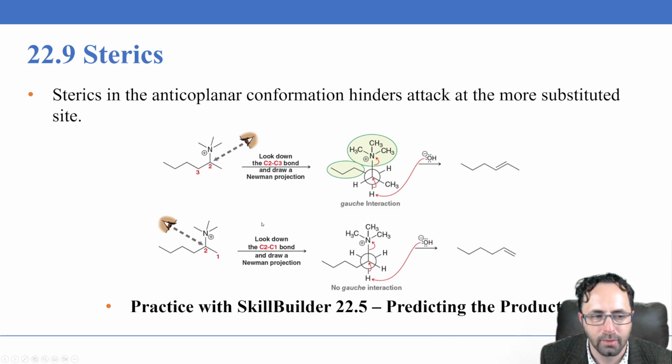So it's been a while since you guys might have seen a Newman projection. So I'll just remind you that the way it works is we draw it from the perspective of looking down a bond between 2 carbons. In this case, we're going to be looking down the carbon 2 to carbon 3 bond. Now, if we're looking down this bond, this line here must be either a wedge or a dash.